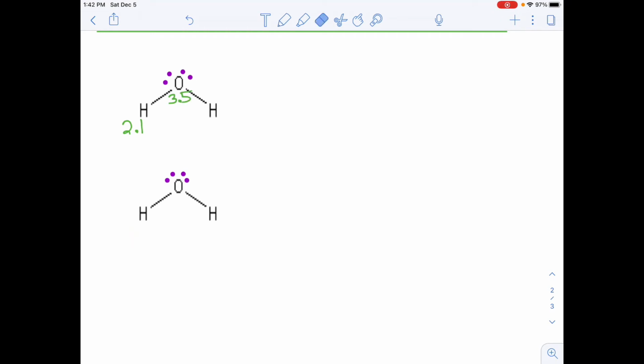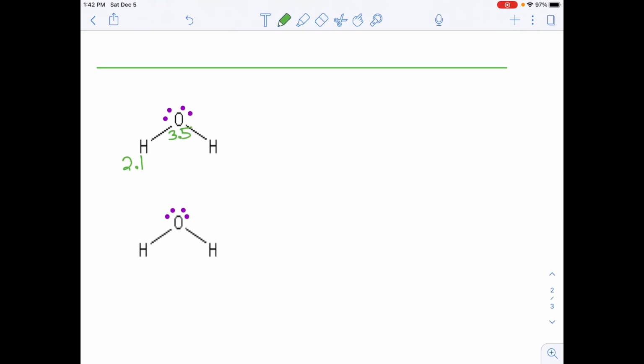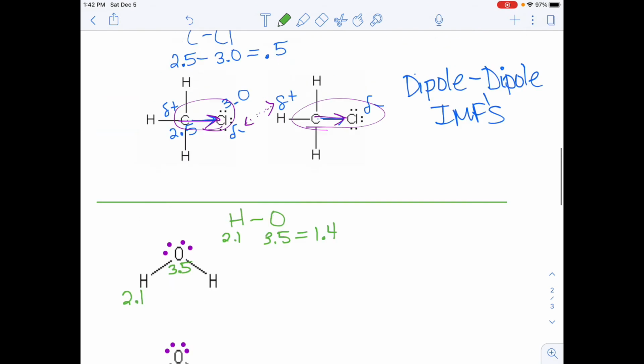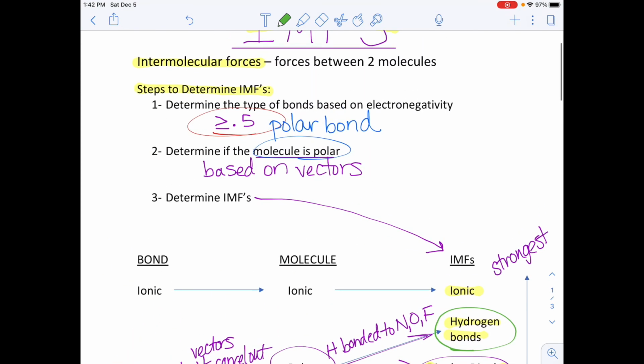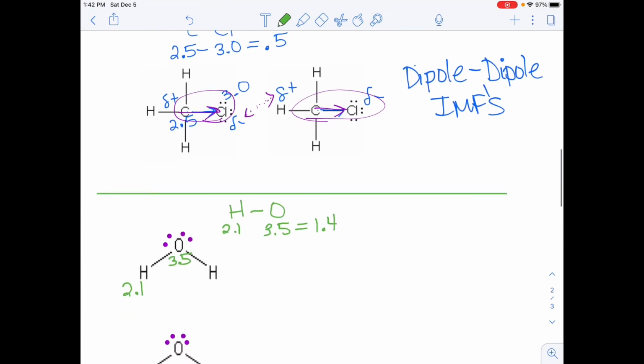So between those two, hydrogen and oxygen have a very polar bond. If we take the difference, we get what, 1.4? And as long as the difference in electronegativity is 0.5 or greater, remember you have what's called a polar bond. Okay, now we have to look at the entire molecule to see if it's polar.